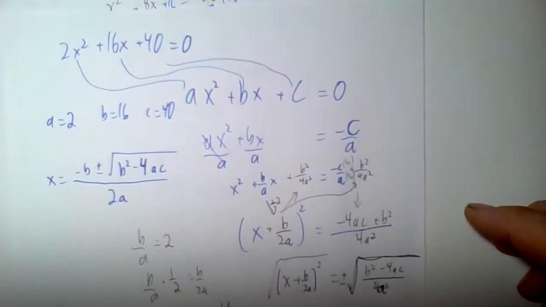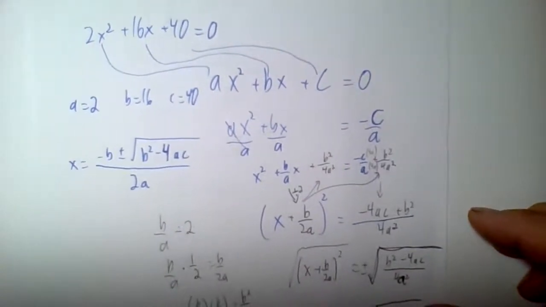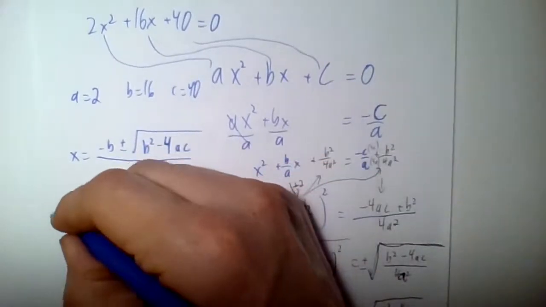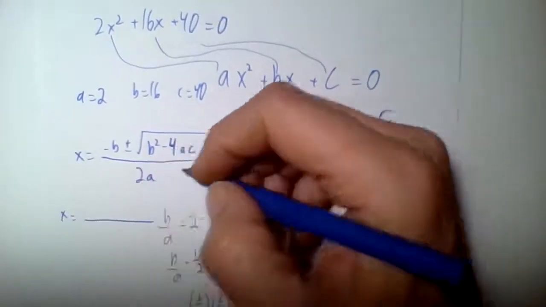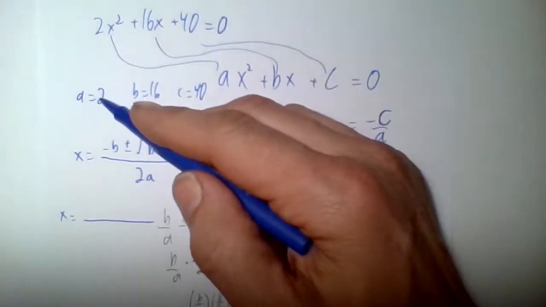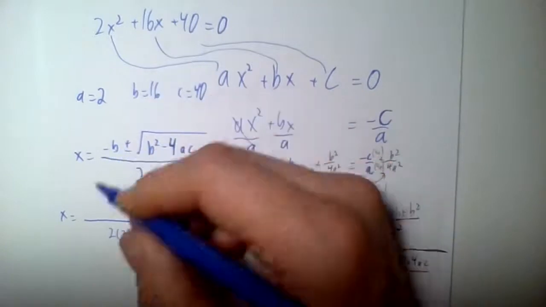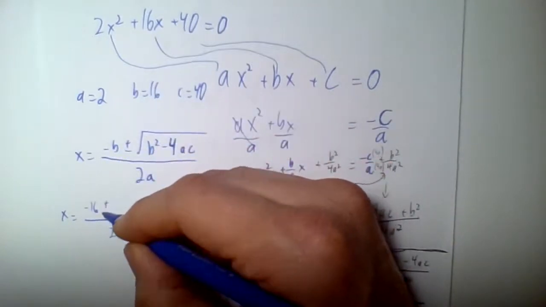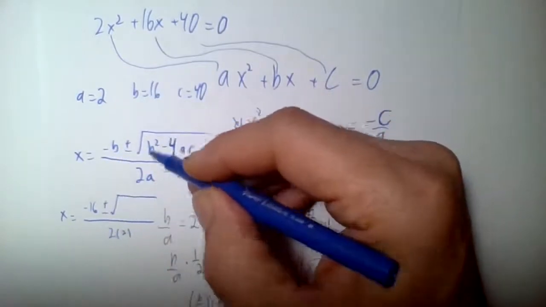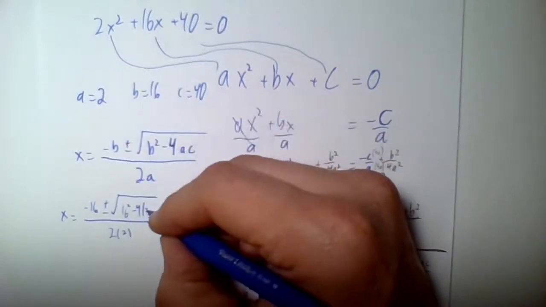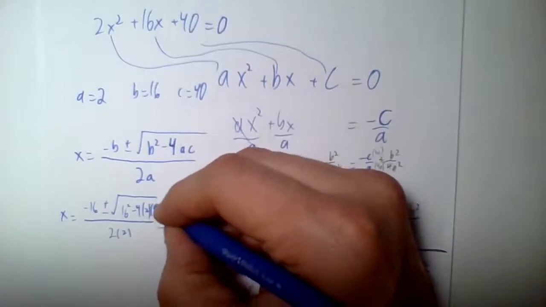All I have to do is drop those numbers into the containers in that, and we've got our solutions. So this is 2 times 2. This is the opposite of 16, or negative 16. And inside here, I got 16 squared minus 4 times 2 times 40.